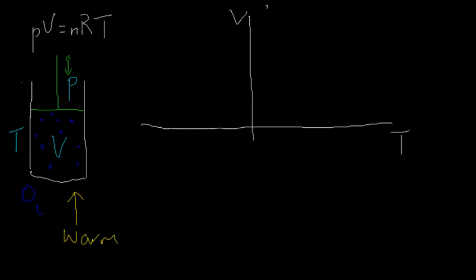Let me just put in some numbers before it gets too abstract. So let's say this is degrees Celsius. Maybe that's 0 degrees, when I put lots of ice around it, and that's 100 degrees Celsius, and I can achieve that if I pour lots of boiling water around it.